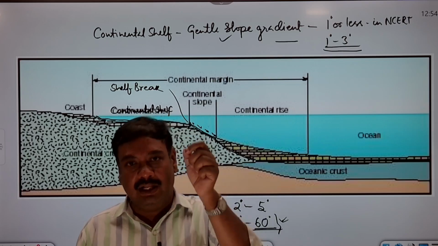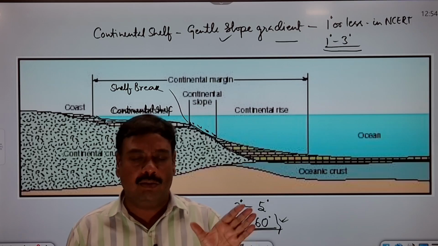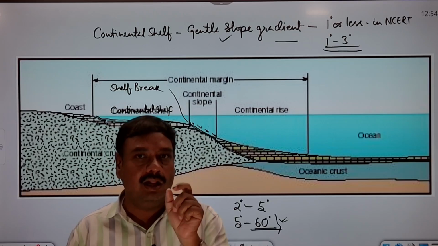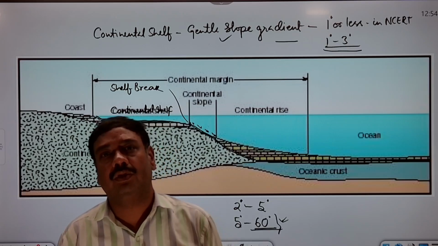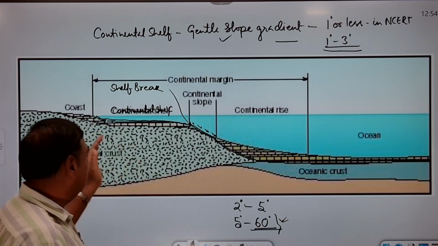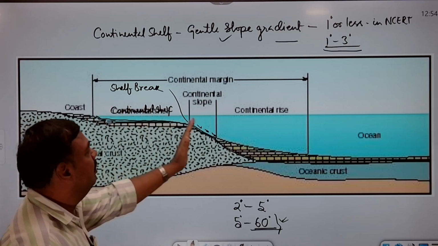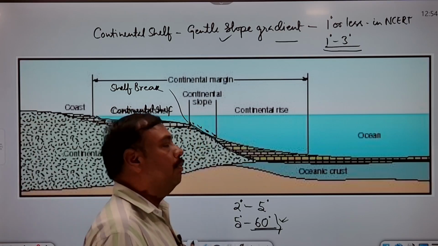Wherever the mountain ranges are present along the marginal region, obviously the width of the continental shelf will be lesser. It is narrow, so the sediments deposited there on the narrow continental shelf can be pushed towards the continental slope part.